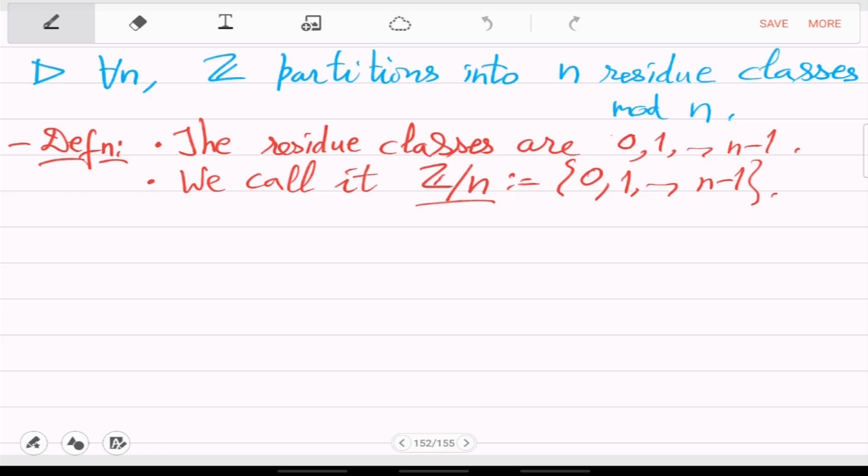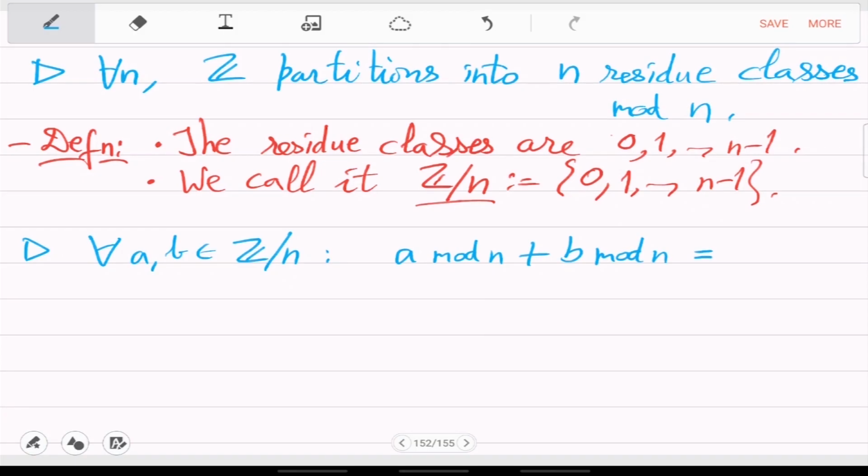So it affords addition and multiplication, again mod n. So for all a, b in this set, a mod n plus b mod n is the element a plus b mod n.